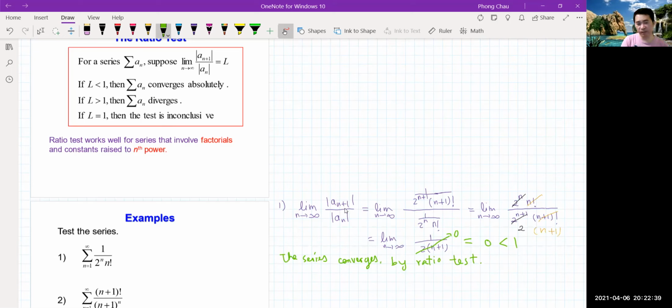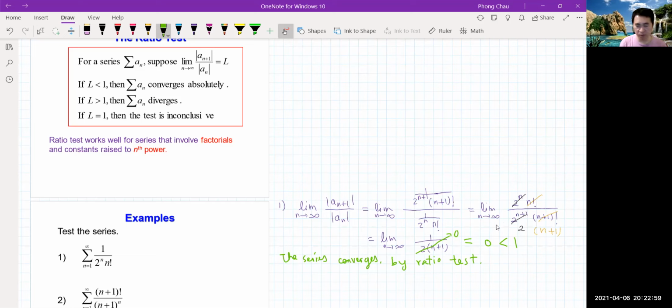So again, you see that the problem relies on really finding the limits. Finding limits is easy as long as we know how to simplify the common factors with the n factorials and the n powers.